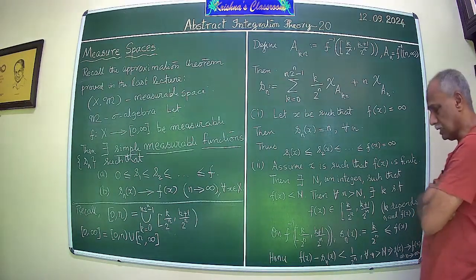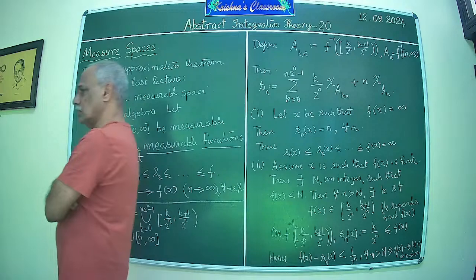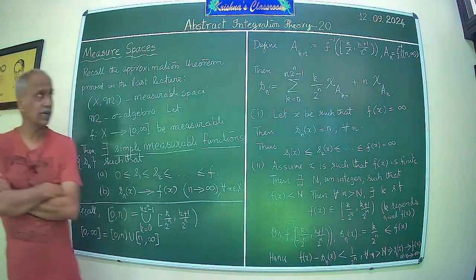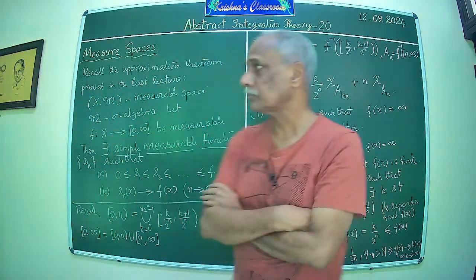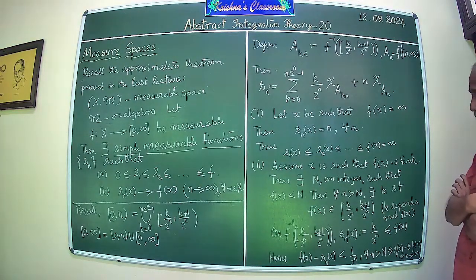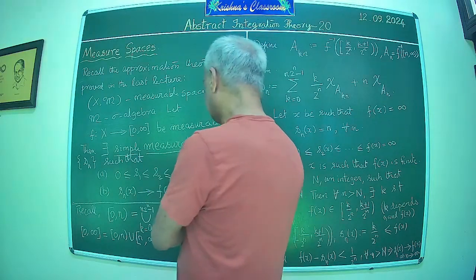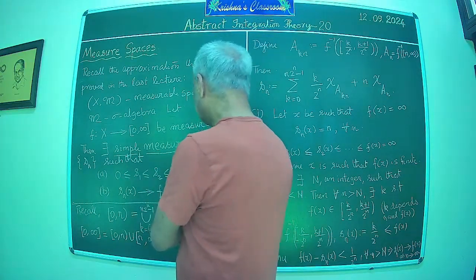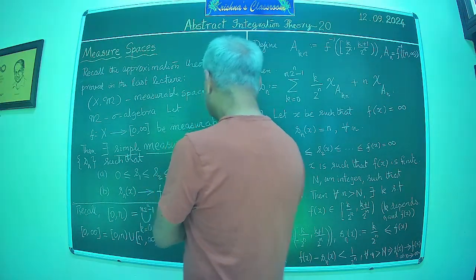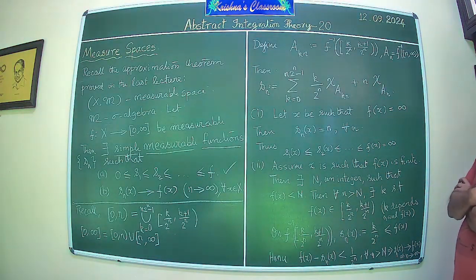So this is the step function that we constructed. I have explained to you how we do the construction. Then, the way in which we have constructed it, it's clear that condition A is valid. It's a monotonically increasing sequence.